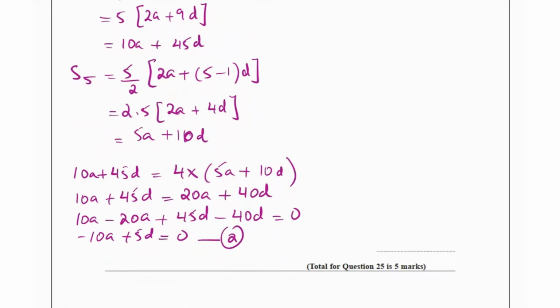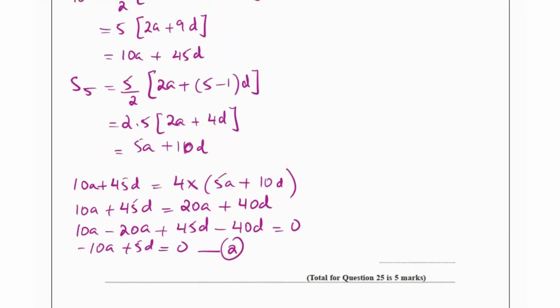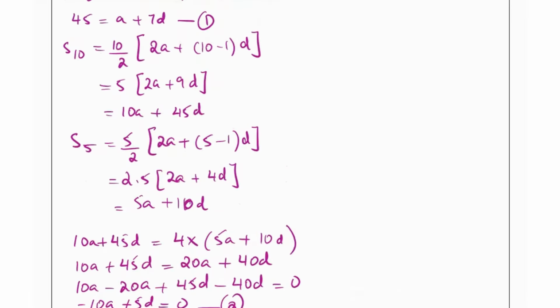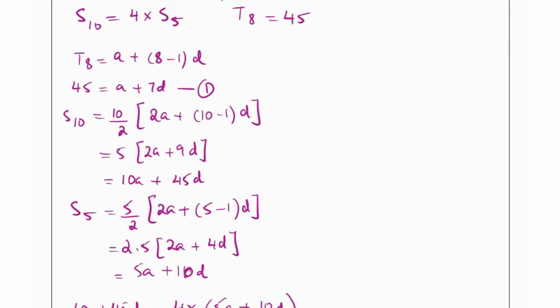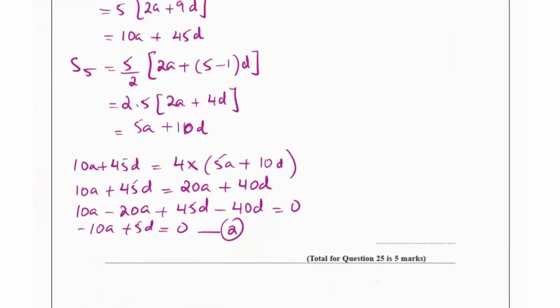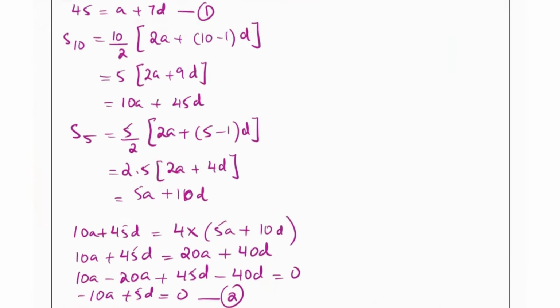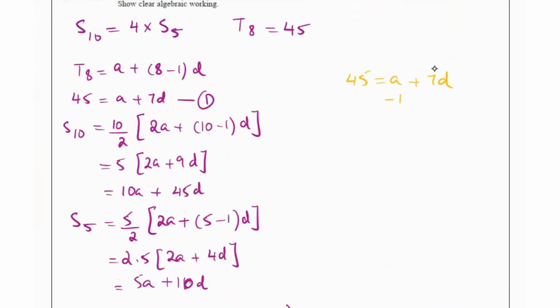Now we're going to solve this simultaneously with the eighth term equation. Let's write them down separately over here: 45 equals a plus 7d, and negative 10a plus 5d equals 0.